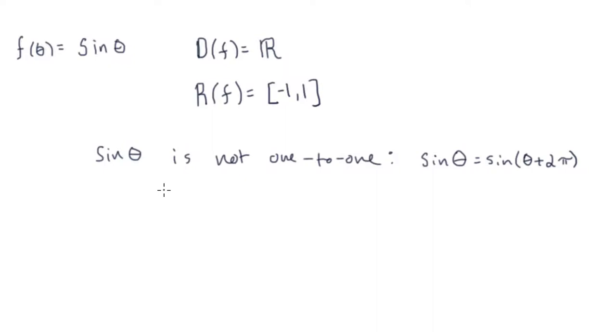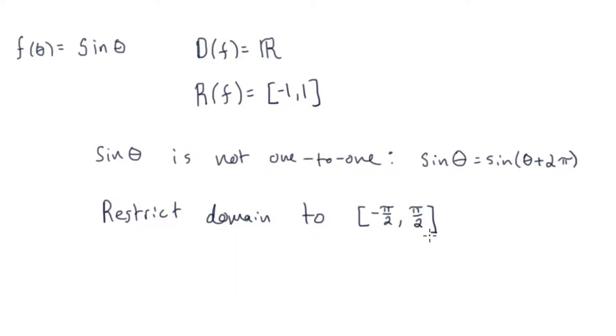Now, there are more than one ways to do this, but there's a standard way to do it. And so what I'm going to do is I'm going to restrict the domain to -pi/2 to pi/2. And if you're asking me why, well, someone smarter than me said this was the way to do it. And it's really just conventional.